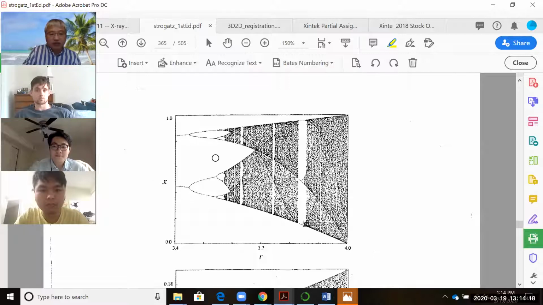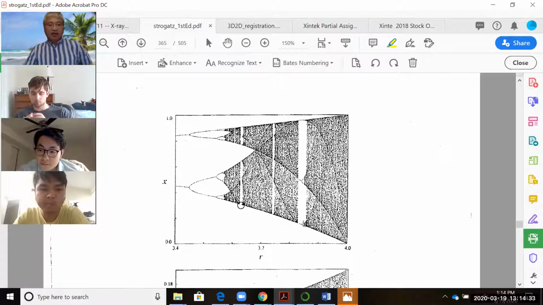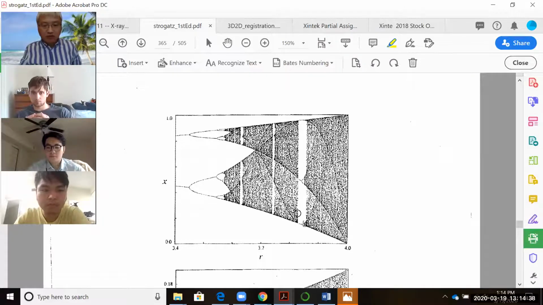But coming back to this bifurcation diagram, we have discussed so far all the way from 3.4 to this limit, where it first transitions to chaos. And we'll come back to discuss what exactly chaos is. But if you look globally, there's another interesting phenomenon: there are windows where the system is not chaotic.